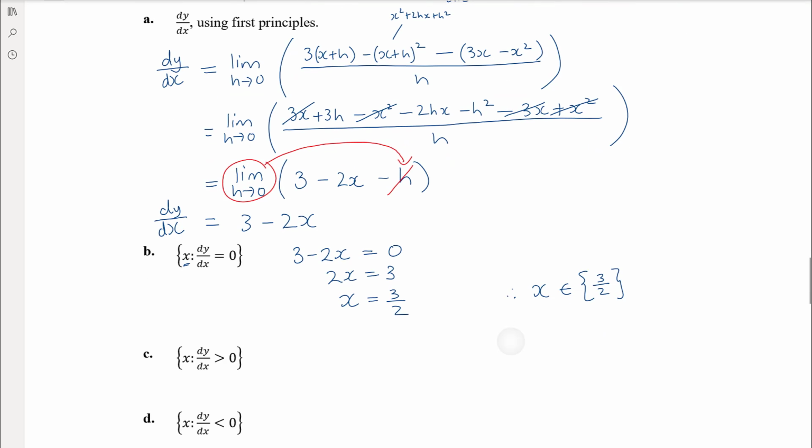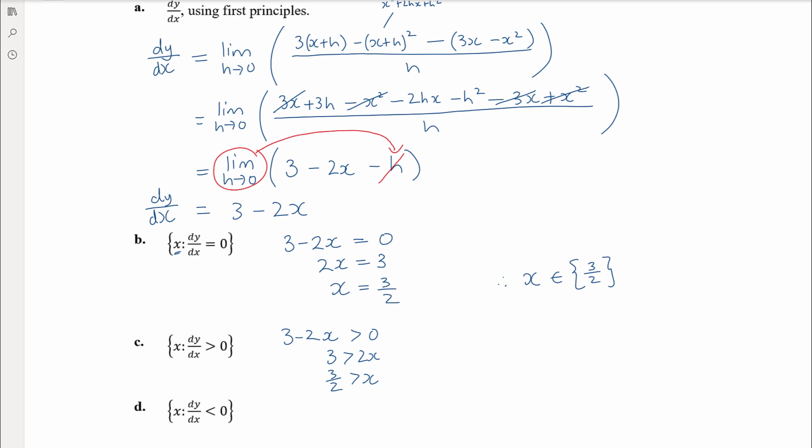Find the set of x values where dy dx, the derivative or the gradient, is bigger than 0. So where is the gradient positive? So this is going to be where is 3 minus 2x bigger than 0. So 3 bigger than 2x, 3 on 2 bigger than x. So that is where x is less than 3 on 2.